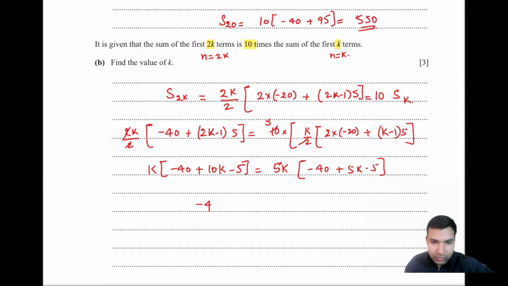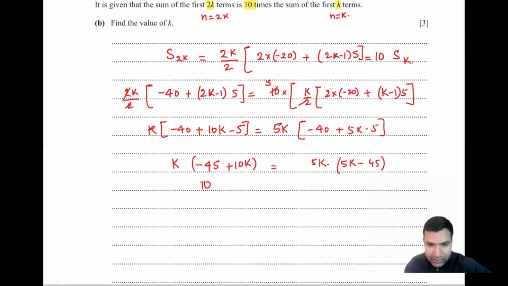So let's check that, because you never know which value you have cancelled out. So don't cancel. Let's check how much we are getting here. So I get (negative 45 plus 10k), the whole thing multiplied by k, equal to 5k multiplied by (5k minus 45).